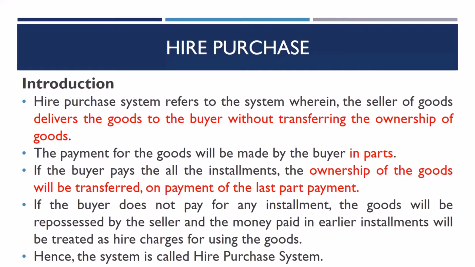Here, the payment would be made from the buyer to the seller, and then the payment would be made in parts, and that is what is referred to as a hire purchase.